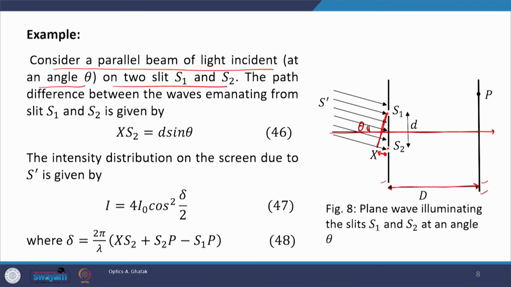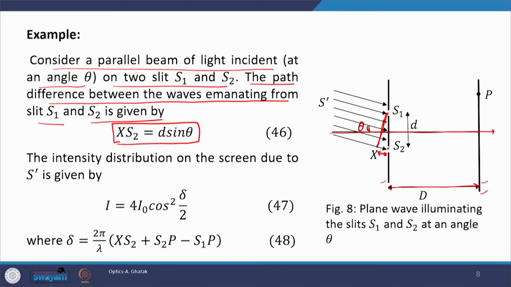Therefore, the path difference between the waves emanating from slits S1 and S2 is given by xS2, which is equal to d sin theta. What is d? d is the separation between the two sources S1 and S2, and theta is the angle which the incident light makes with the horizontal.